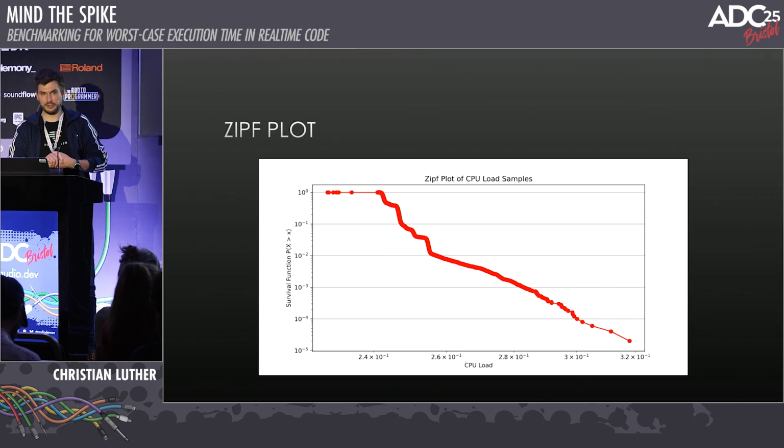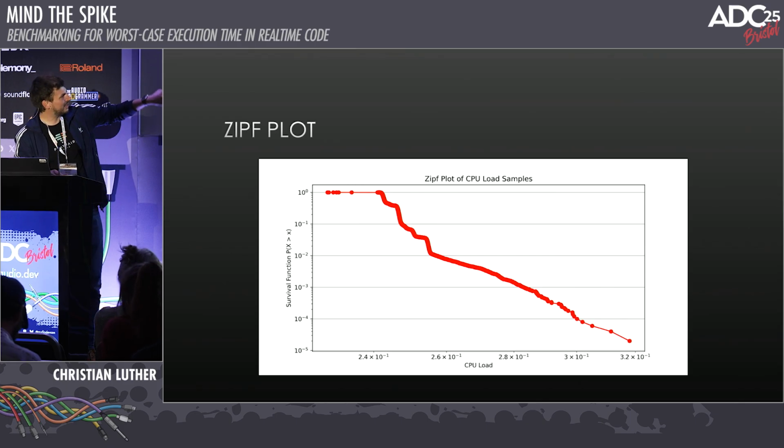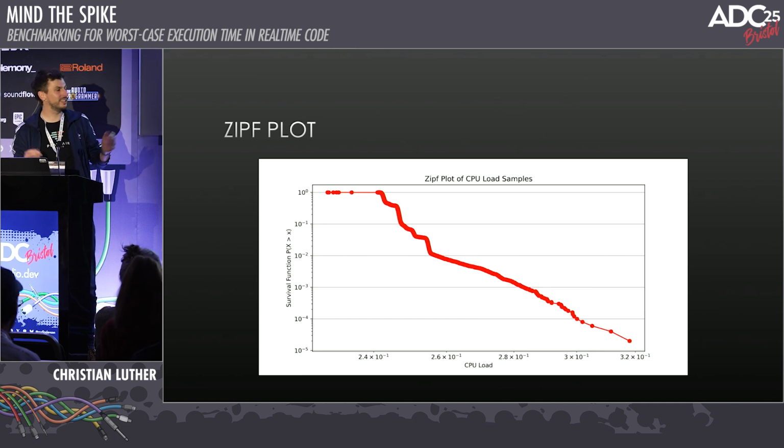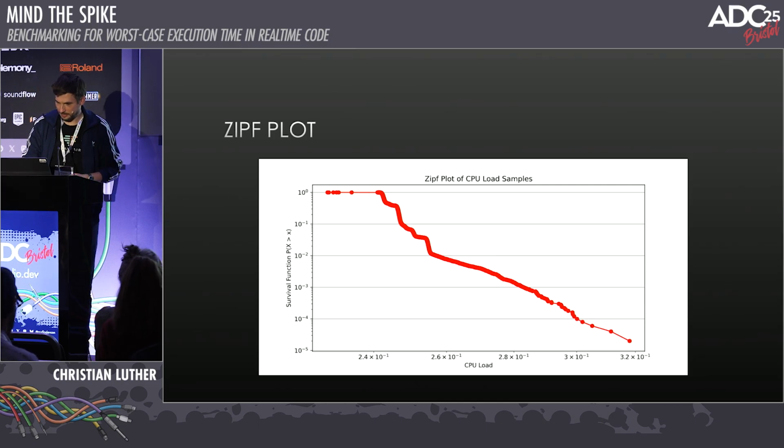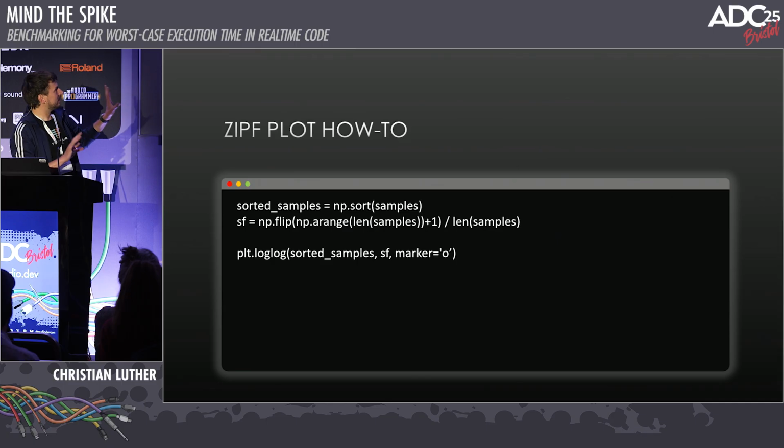And if you have a power law on a log-log scale, it becomes a straight line. And that's what we see at the right. That's the fat tail, basically. It becomes a straight line. And here's the basic idea of how to generate this, just a short Python code to compute the data to display here.